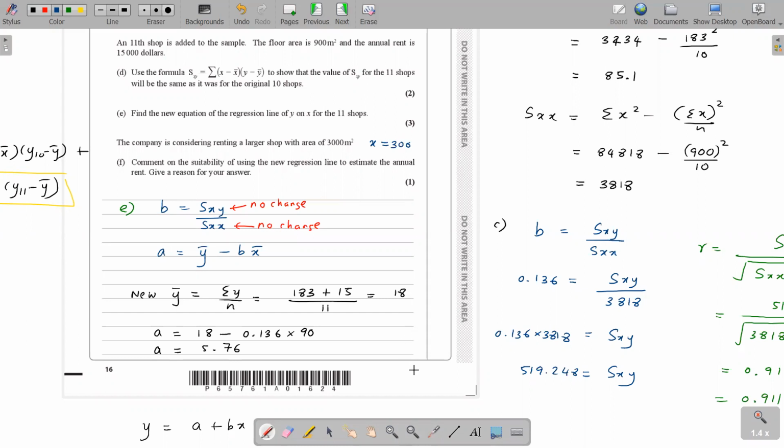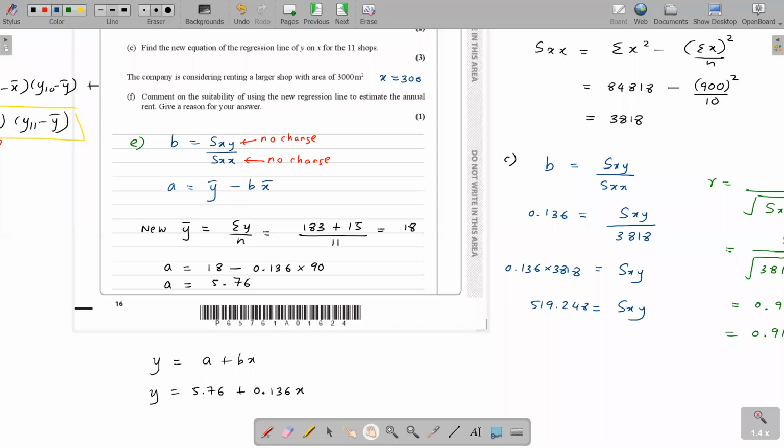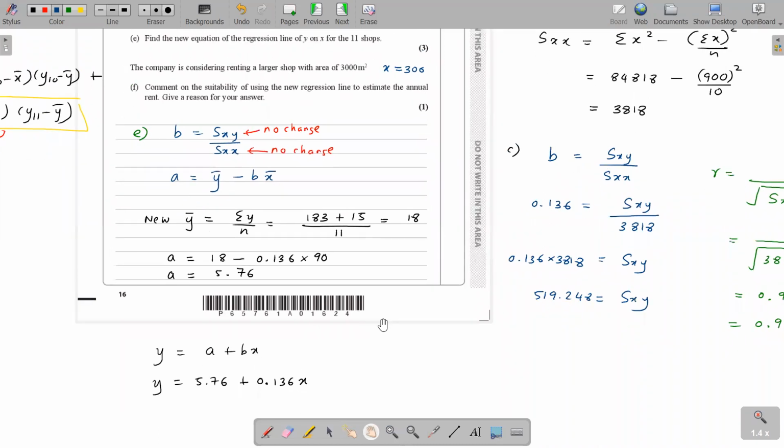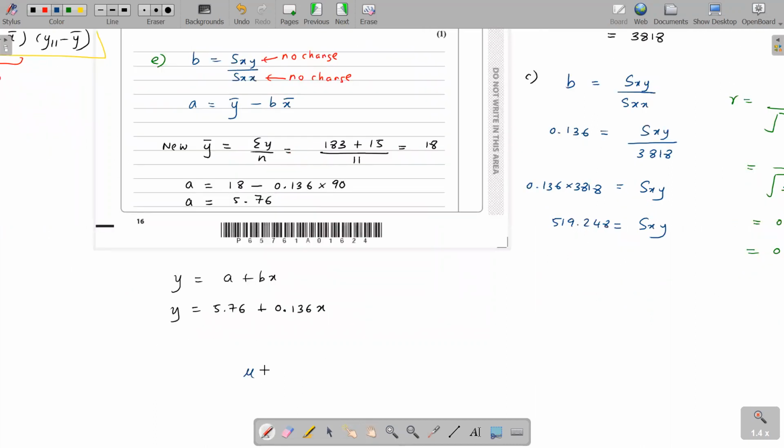So what is the problem in inputting x as 300? You need to decide whether 300 is in the range or outside the range. How do we decide whether x equals 300 is actually fitting into the range or not? Normally we say data values that fit into the range are within mu plus or minus 3 sigma.